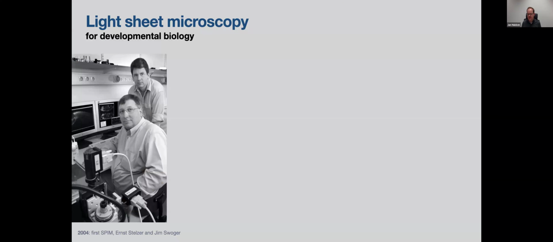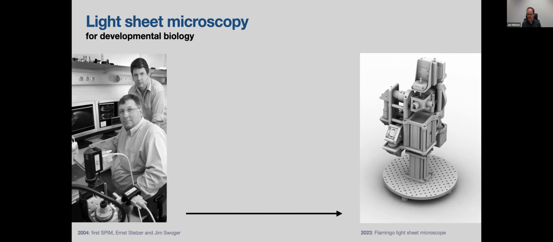So since the early days of light sheet microscopy, so my PhD work back at EMBL, together with Ernst Stelzer and Jim Swoger, since the early days, really not much has changed in terms of the core values.